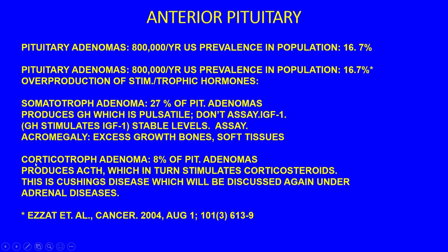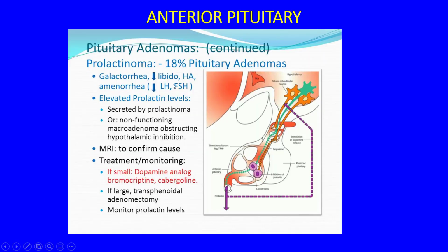The next common one is corticotroph adenoma at 8%. It will cause the production of ACTH, which will in turn stimulate corticosteroids. This is Cushing's disease, which will be discussed later in the adrenal diseases. And then in between them is basically the prolactoma, the prolactin-secreting adenomas.